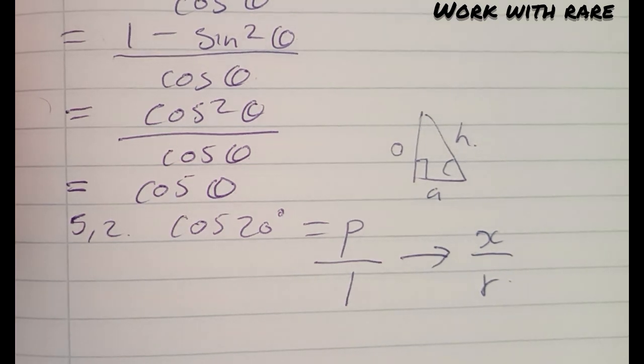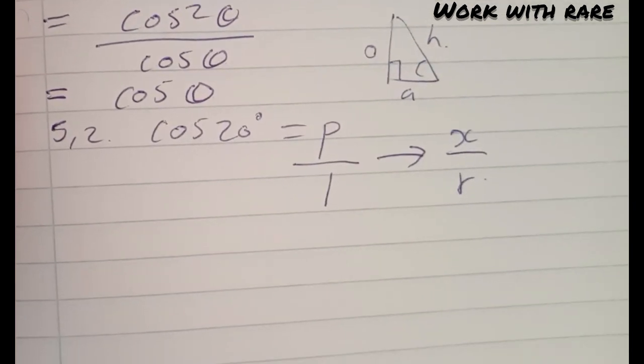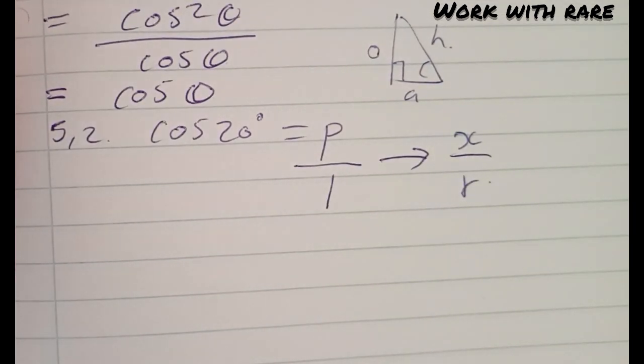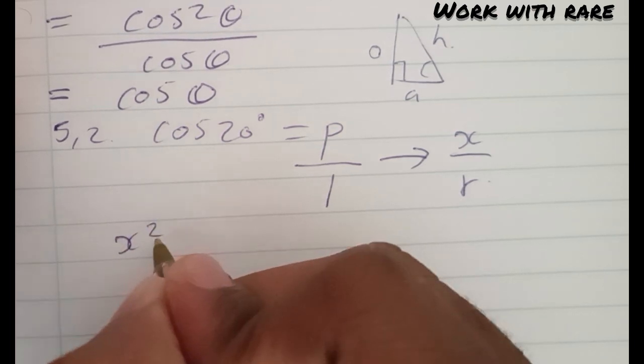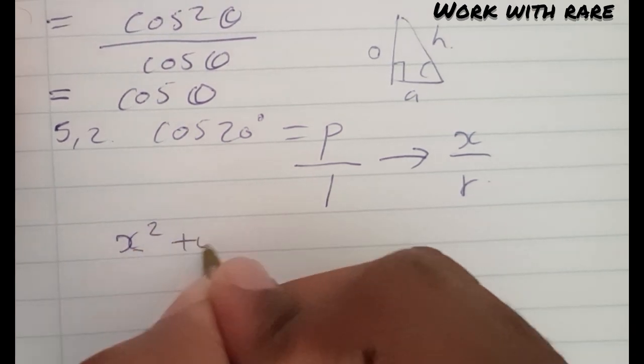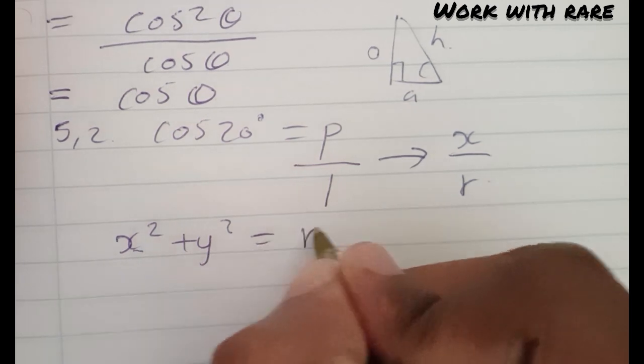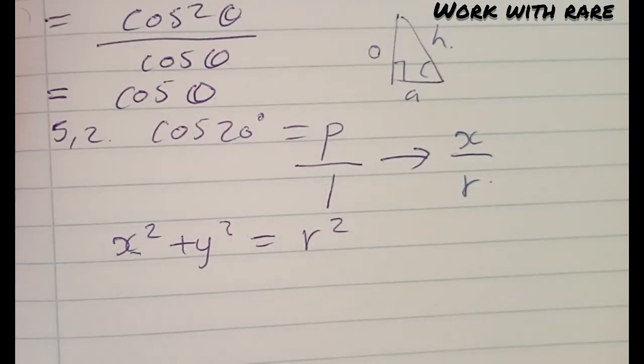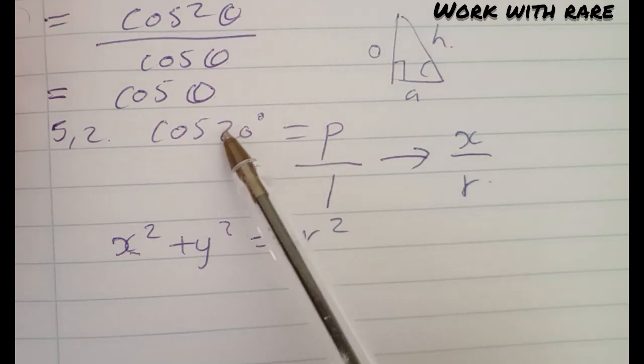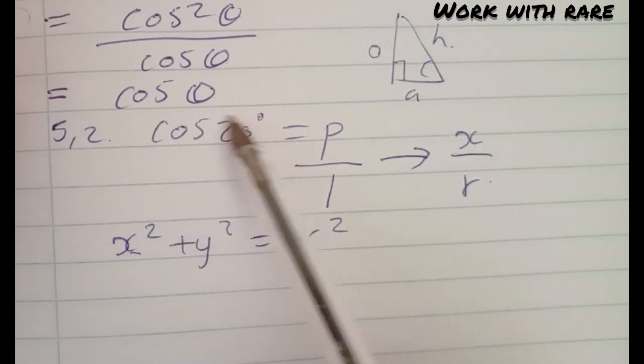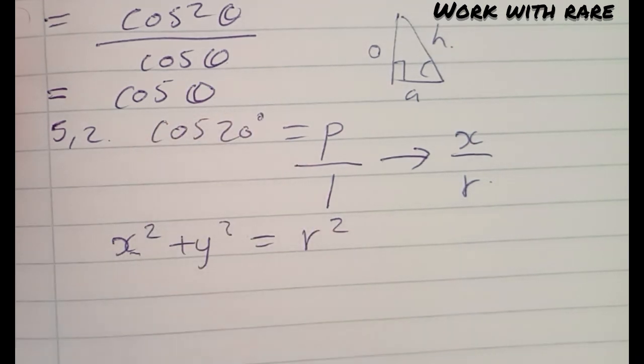So when I calculate it, I'll use the theorem of Pythagoras. So I'll say x squared plus y squared is equal to r squared. R is always positive. Hypotenuse is always positive regardless of quadrant. Since our angle is less than 90, our triangle will be in the first quadrant, because that's where everything is positive.